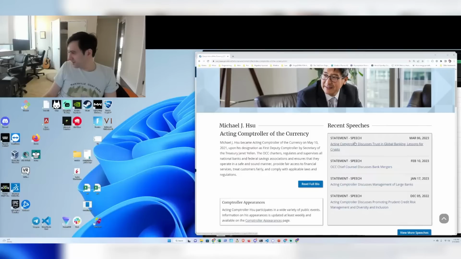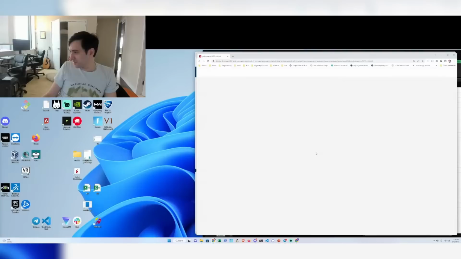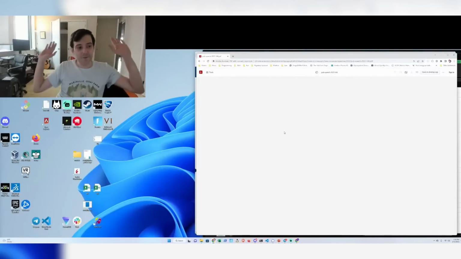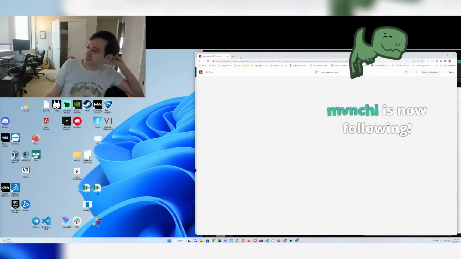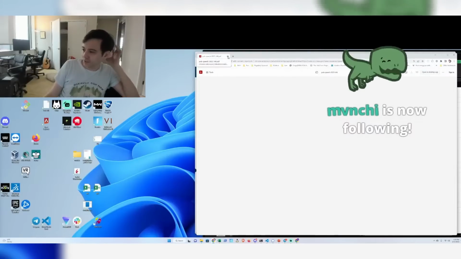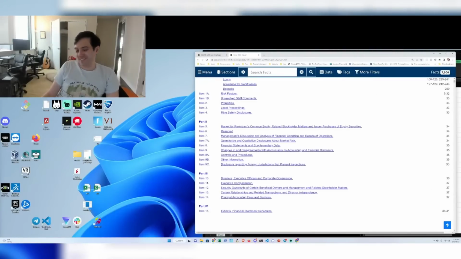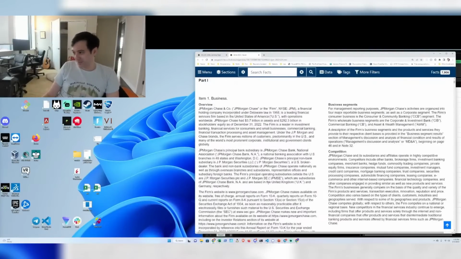I think there were a lot of speeches this person made over diversity and inclusion, which I'm for, but I'm also more in favor of looking at bank balance sheets very closely. So in any event, let's keep going with this 10K. Nothing wrong with diversity and inclusion.